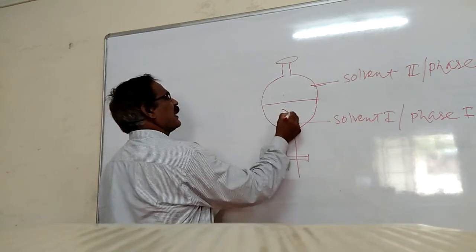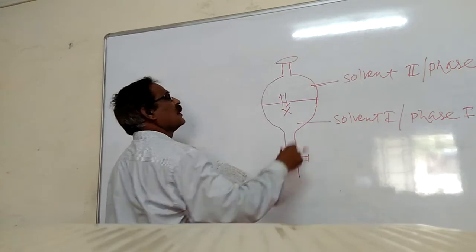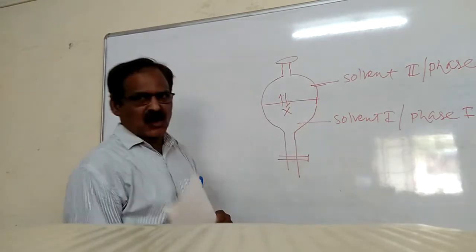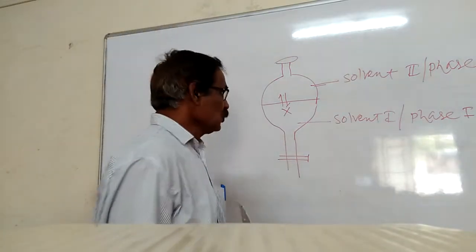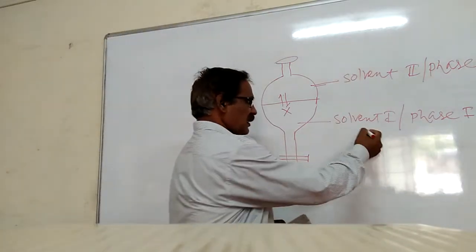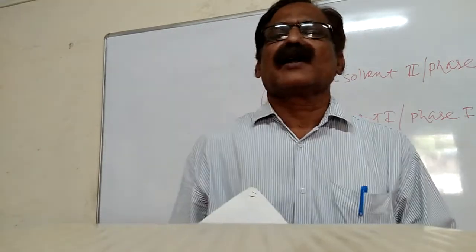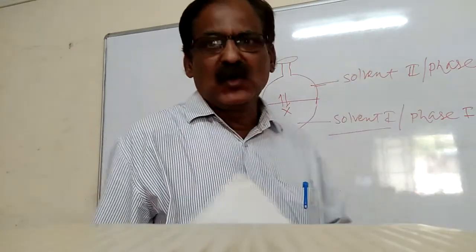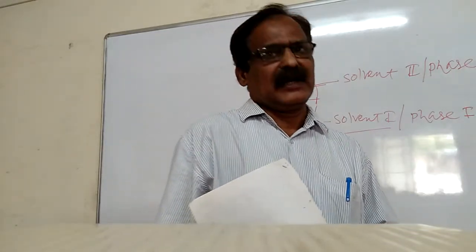Solute X distributes between these two immiscible solvents, solvent 1 and solvent 2. Let us suppose here solvent 1 is water and solvent 2 is some organic solvent immiscible with water.